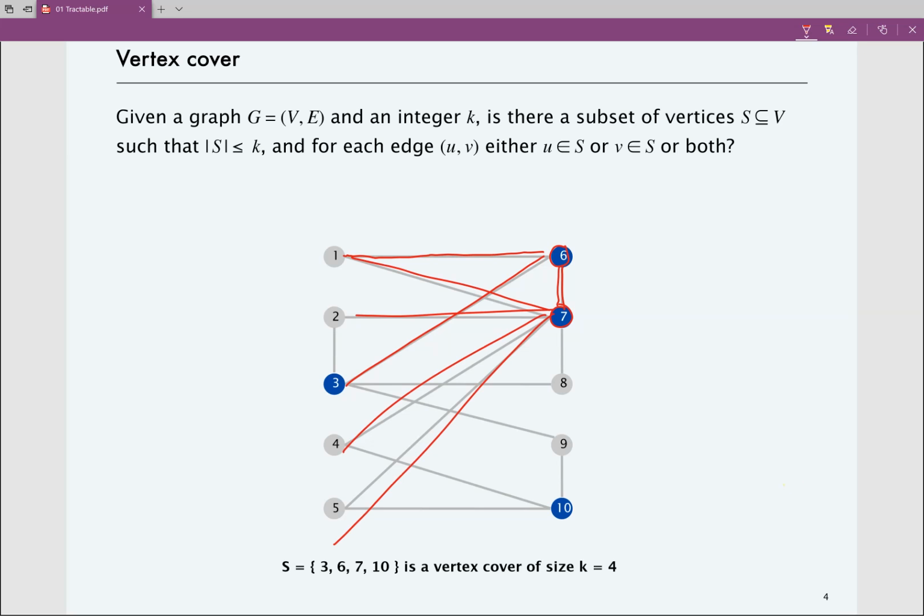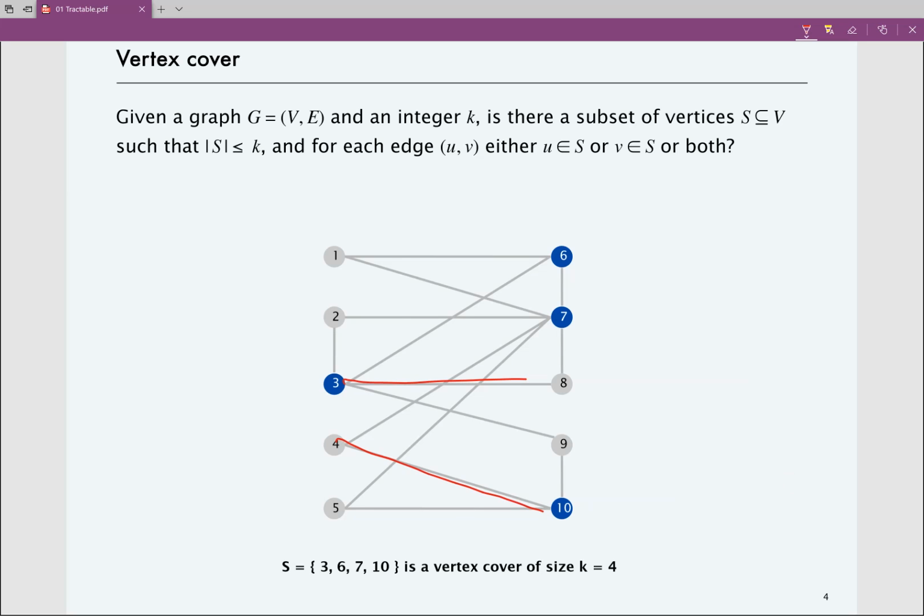The vertex cover problem is that we want to find a subset of the vertices so that every edge becomes covered. If we look at the blue vertices in this graph, these 4 vertices cover all of the edges. If you take any edge, say this one, it is covered by node 10.